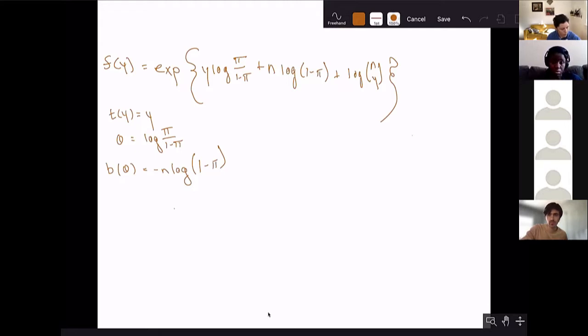The natural form, I'll just call NEF here. You'll have an exponential of something that looks like y theta minus b of theta over a of phi plus some c term.